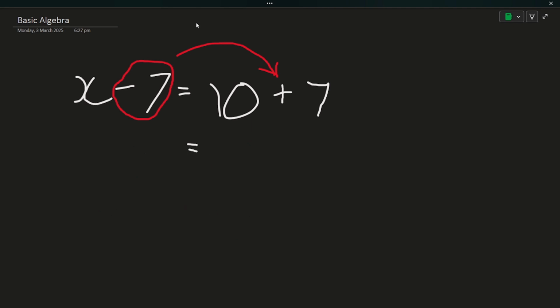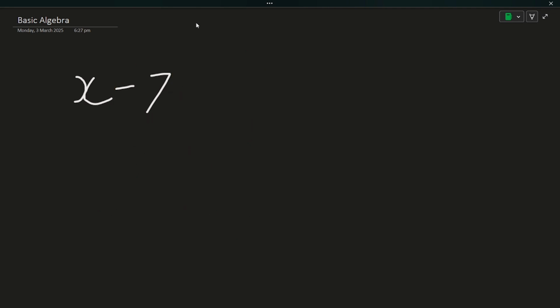Now let's go on from there and let's go into something most people would have difficulty in doing. I had difficulty on this, not gonna lie, it was a big difficulty for me. So let's go when the negative is in front of the x value.